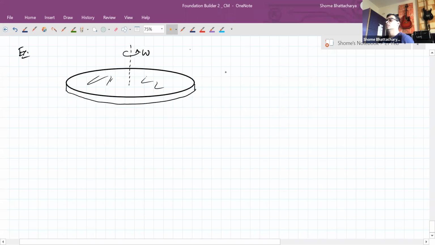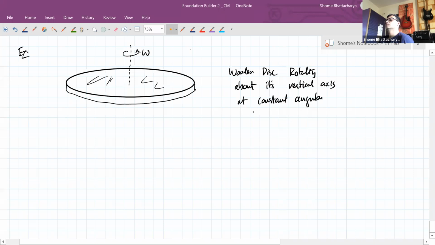So this is a wooden disc rotating about its vertical axis at constant angular speed omega naught, let's say, equal to 0.2 radians per second.